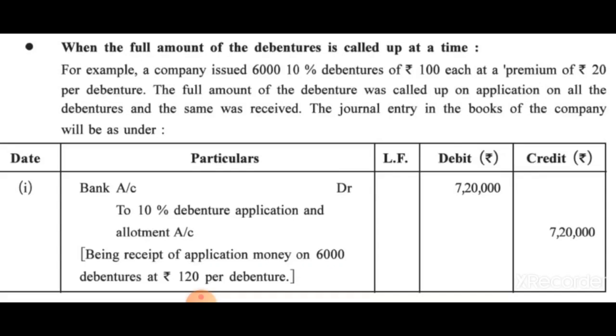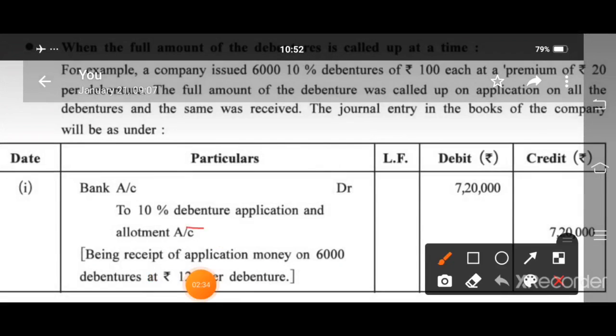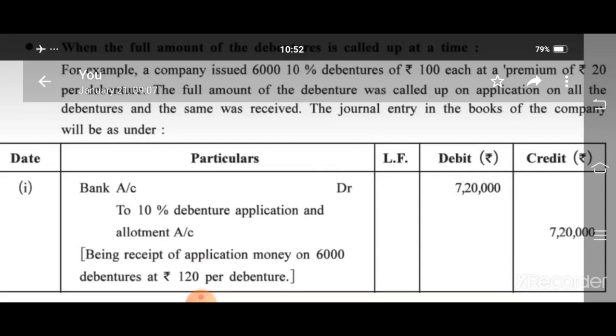Here, given full amount, bank account is debited to debenture application and allotment account. If we call the full amount at the time of application, then you have to write down debenture application and allotment account. If we call the amount in installments, then you have to write down only 10% debenture application account. So journal entry, bank account debited to 10% debenture application and allotment account.